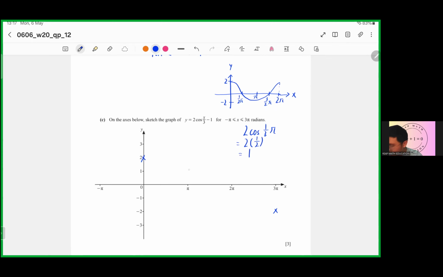So we can sketch here. And after that we can see negative 1 over 2, so we get negative 1 here.